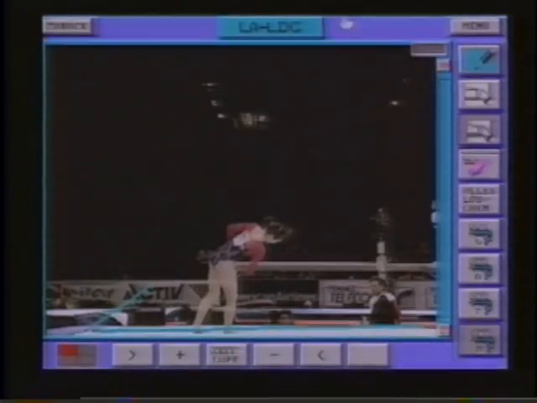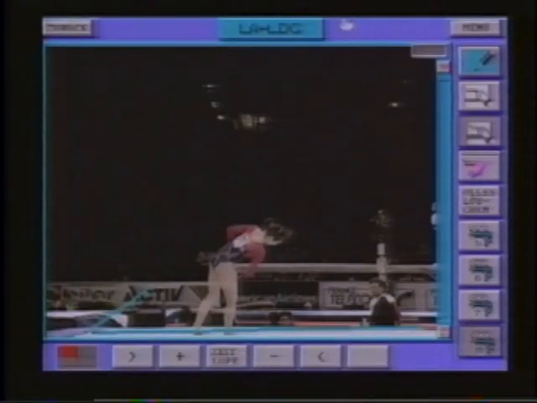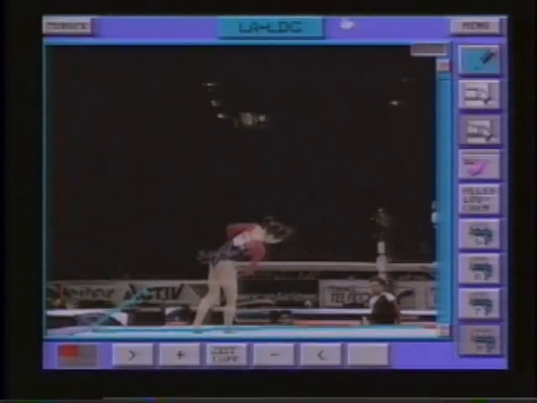The same measurement is to be used for the 1.5, double, and 2.5 twist for dismounts not only on floor but also on the beam and likewise on bars.